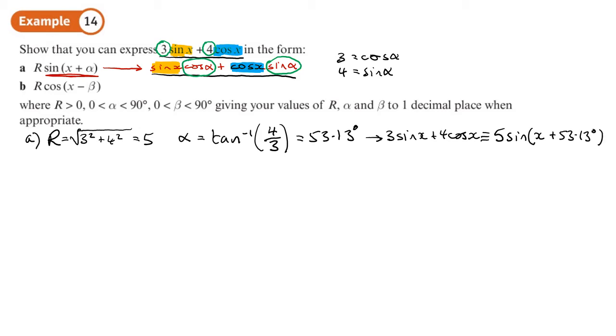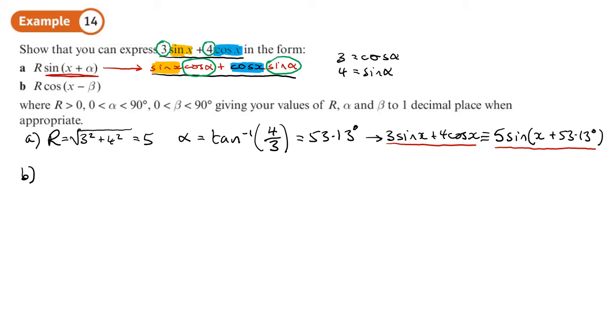If you were to plot this graph and you were to plot this graph, they would look exactly the same. There would be no difference in them. We're writing an equivalent expression. It's an identity. So it's just written in a different way, and it's written in a way that's going to help us solve problems. Part B.